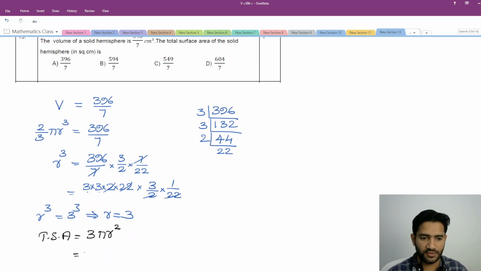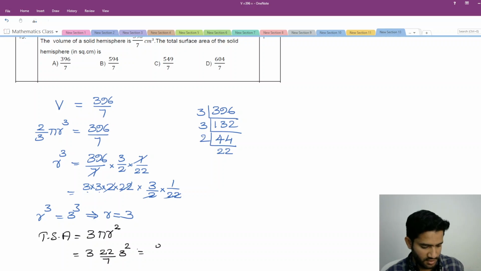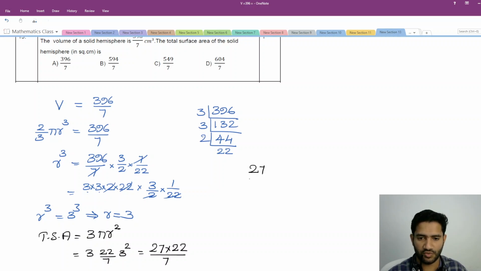So 3 into 22 by 7, and r square is 3 square, which is 9. 9 into 3, we can write 27. So 27 into 22 divided by 7.